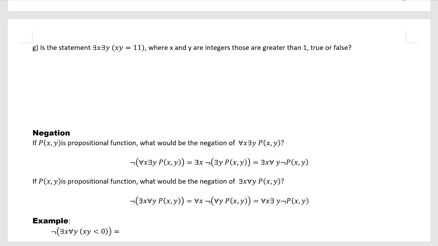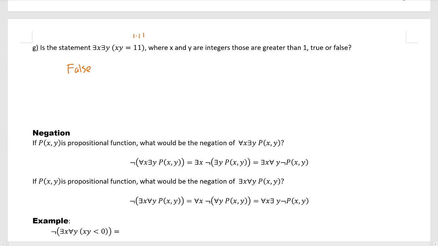So 11 can only be 11 times 1, right? This is the only positive integer divisors. It could be minus 1 and minus 11. Okay? But you can see 11 is greater than 1, but 1 is not greater than 1. So we cannot find x and y such that x times y is 11. So we know this is false.